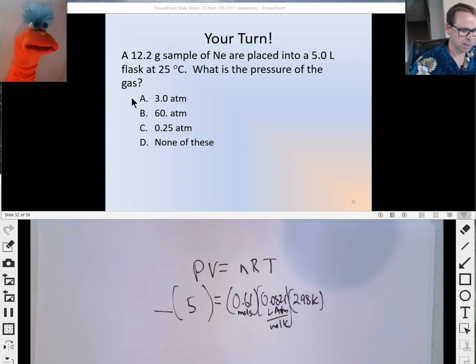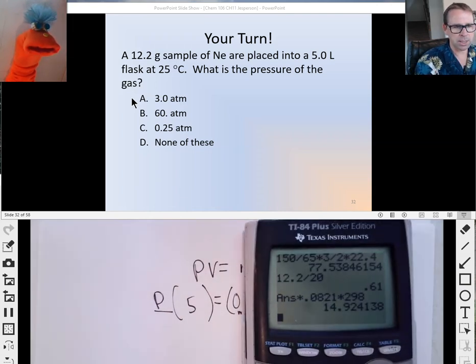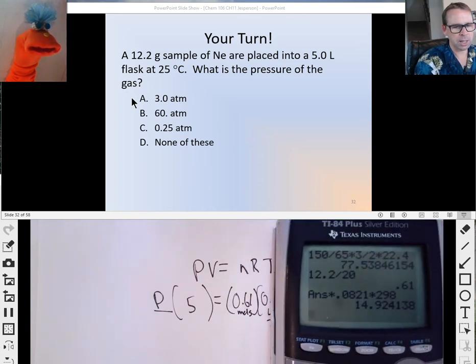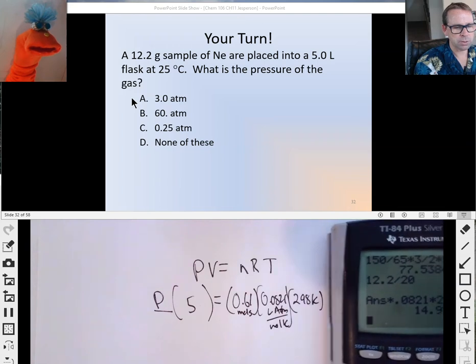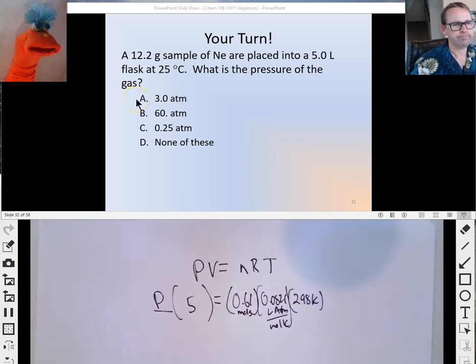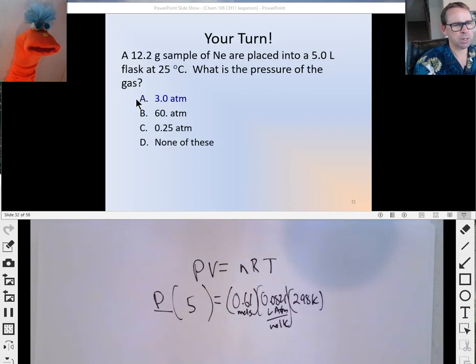So now I can just use my calculator to solve for the pressure. My moles, 0.61 times 0.0821 times 298, and that will give me 14.9. Did I do that right? 0.0821, 0.61, 298. That's right there.